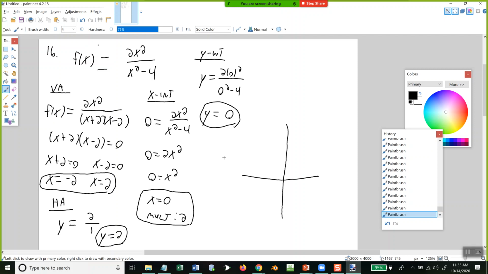Now, if I were to graph that, we said we had vertical asymptotes at -2 and +2. Don't know much about it, but I know it's going to skim those at some point. I said my horizontal asymptote is y is equal to 2.